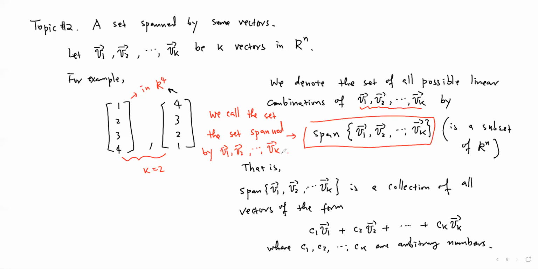This is the definition of a set spanned by some vectors. Now, let me show you examples. Take a look at examples.